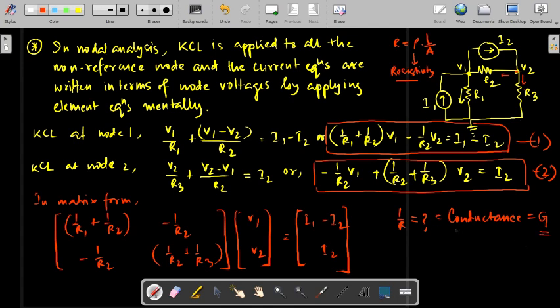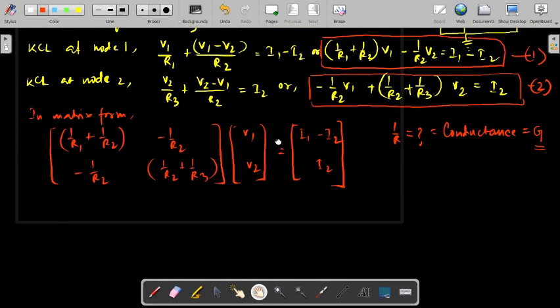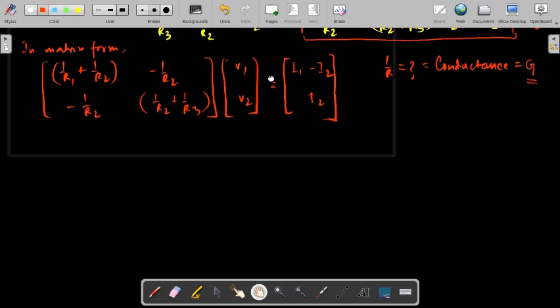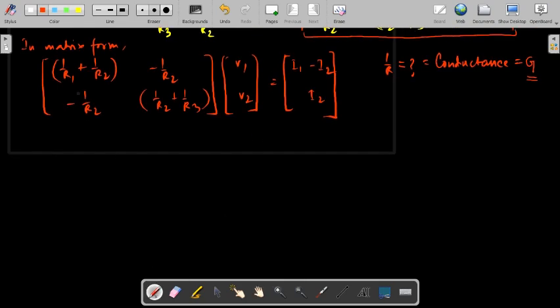Now in a very general form we can write 1 by R1 as G1. So what is the analogy that we can draw over here?